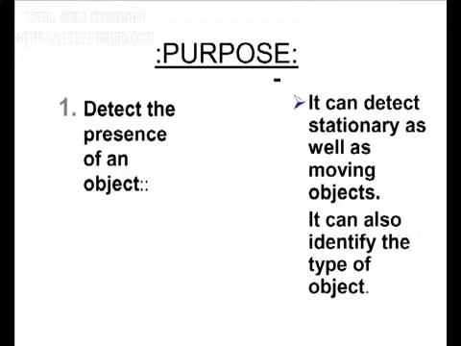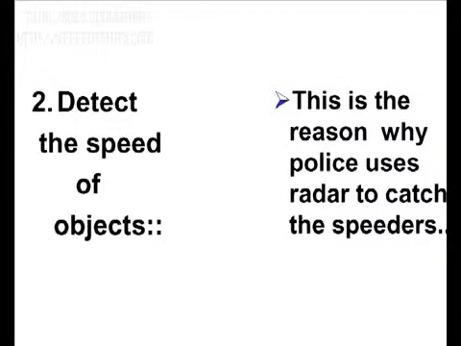So the main objective of this radar system is to detect the presence of an object. For this purpose we make use of electromagnetic waves, but the other name for electromagnetic waves is radio waves. So this detection process we call it as radio detection. Not only the presence of an object we can detect, we can also find the speed of the object if it is moving.